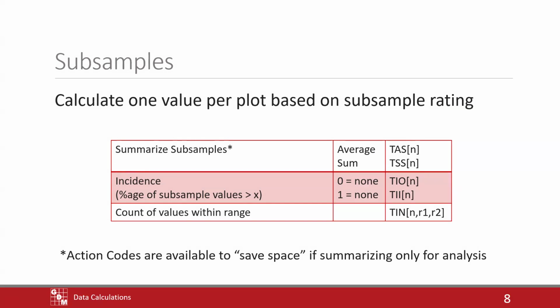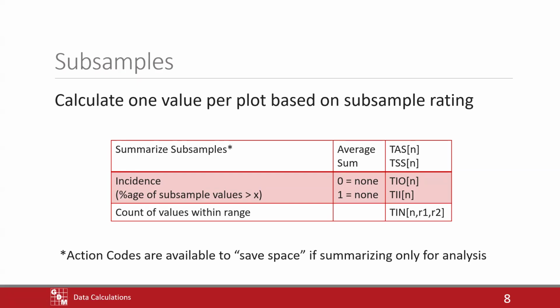And it just depends on which is your percentage, the percentage of the subsample values in a given plot that are larger than nothing. Of course, it depends with your rating, you might have a slightly different definition of nothing or the lowest. So, nothing could be 0 if you're doing counts, things like that. Anything above 0 is the presence of what you're rating. So you would use TIO for that calculation.